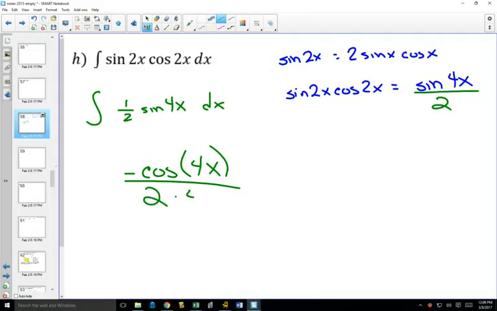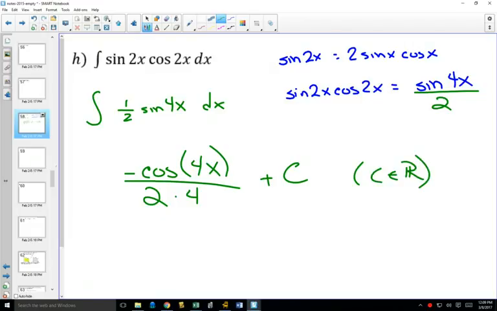Well, we would have to divide by that 4 as well. Because if we did the chain rule of this, we would have a multiplication by 4, so the opposite of that would be dividing by 4. Plus c, where c is any real number.